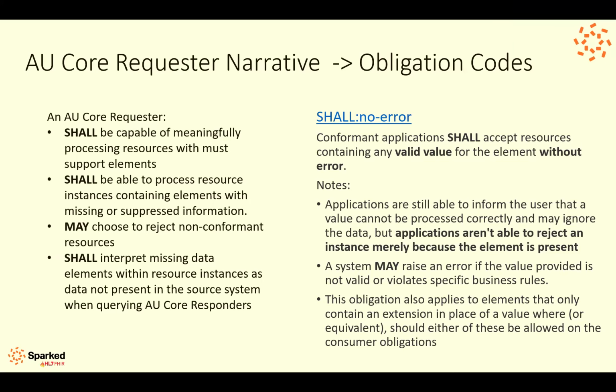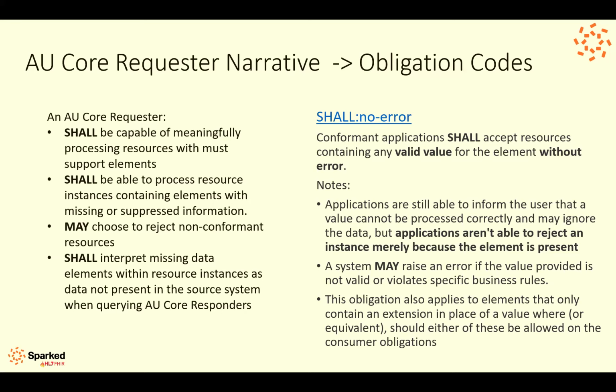Shall no error, as you've described it, sounds to me like the recommended behavior for all resources or all elements that aren't must support. My understanding is that the recommended behavior in FHIR is if an element is not must support, then you are at liberty to ignore it. And it is unfriendly to reject something because it has stuff that you're not interested in.